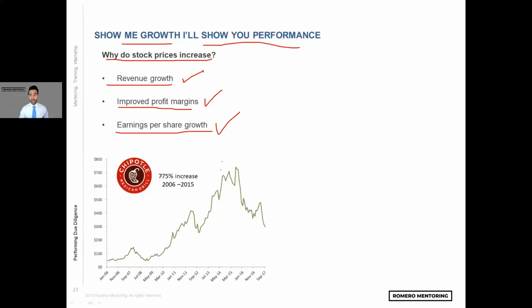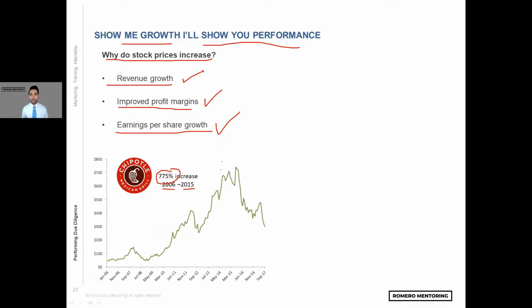We have Chipotle. From 2006 to 2015, the stock was up 775%, 7x. Why was it up? Think about it. It's actually a good, healthy concept. In terms of the industry dynamics and the developing trends, consumers were becoming more health conscious. What's an alternative to a McDonald's?